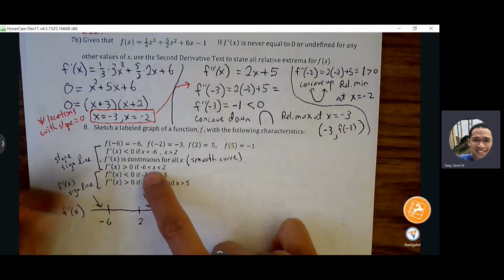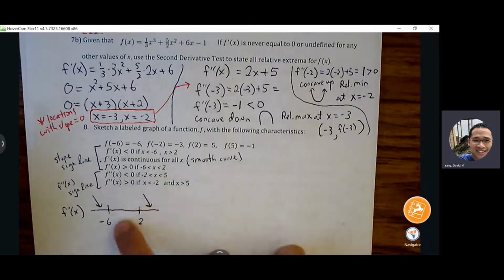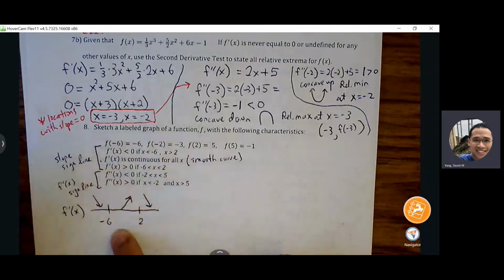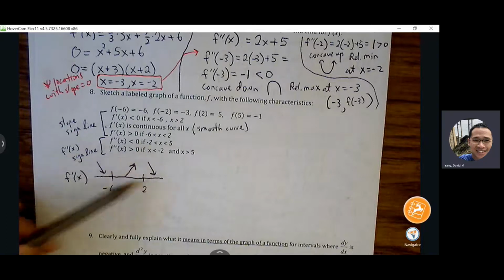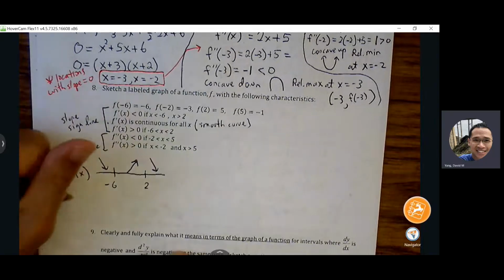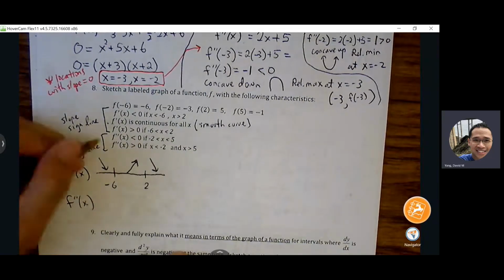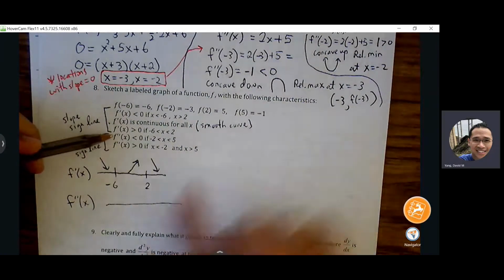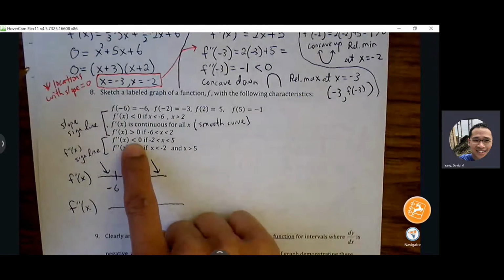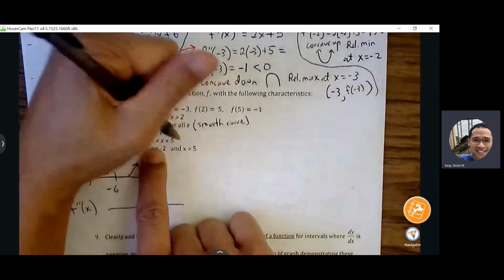F prime is greater than 0 between -6 and 2. That's a positive slope, so we know how the graph is going to flow. It's going to be decreasing to a relative min, increasing to a relative max at 2, and decreasing again. Okay, F double prime, sign line with the last two statements. Second derivative less than 0, that's concave down.